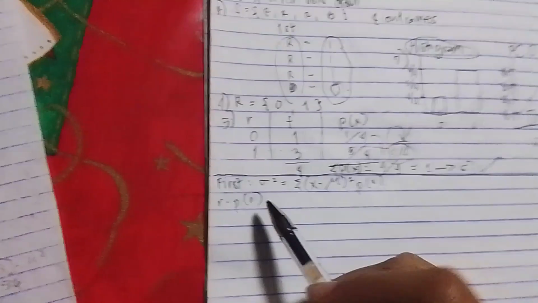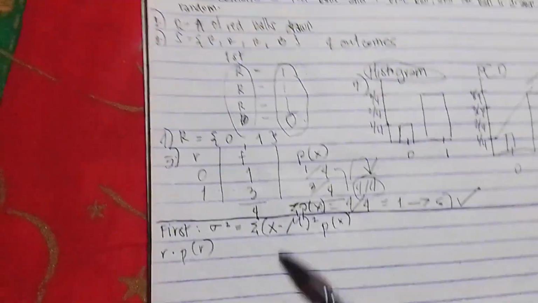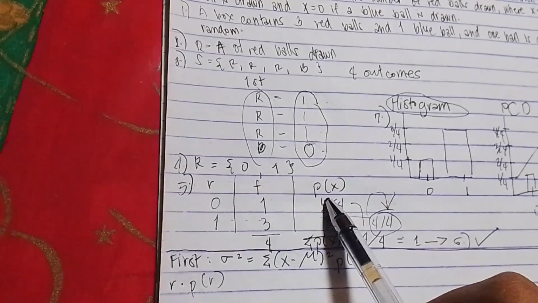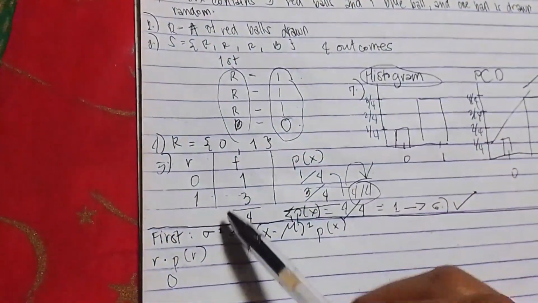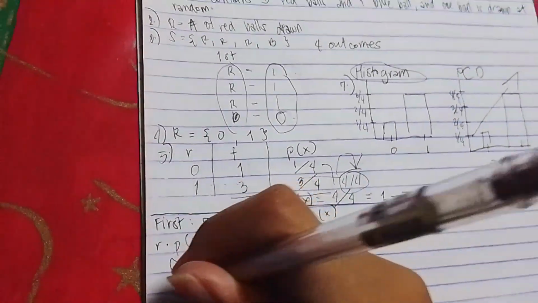So r, 0 times 1/4 is 0. 1 times 3/4 is 3/4.